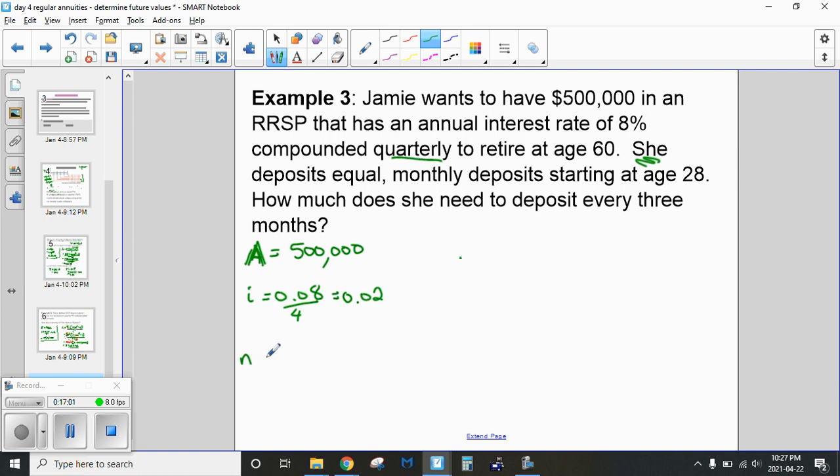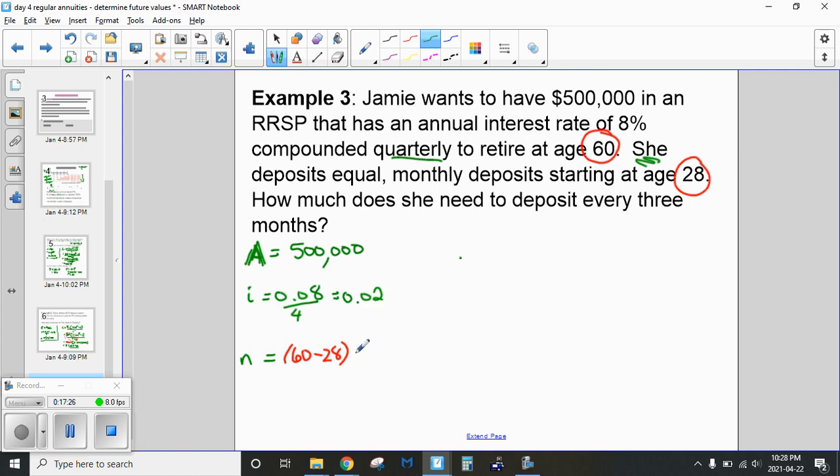The number of regular deposits, we're going to have to figure that one out. So how much time has passed between when she started making payments and finished making payments? That's 60, take away 28. We can subtract to find that.